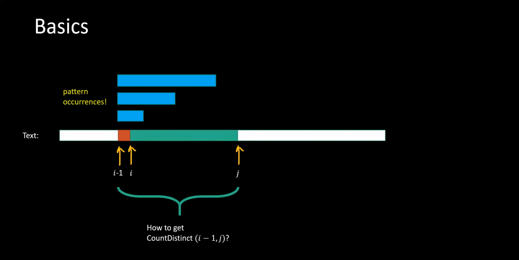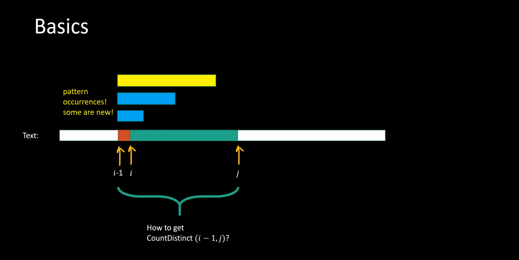So let us see what actually happens here. These blue boxes are occurrences that have been added by extending this interval to the left. And those are all prefixes at this i-1. Some of them already occurred in this green interval before, and some of them are new. Note that this is monotonic.